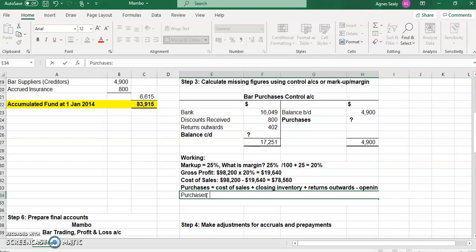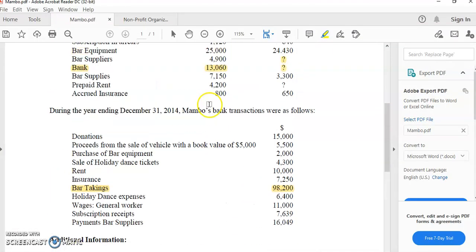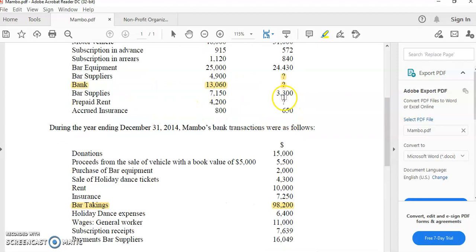Our cost of sales is $78,560 plus our closing inventory. Our closing inventory here is $3,300. Our opening inventory is $7,150.